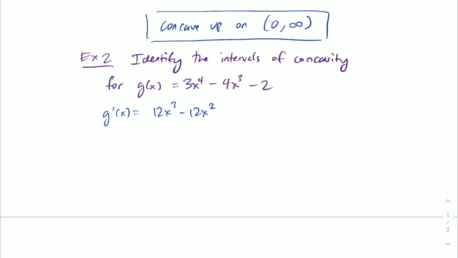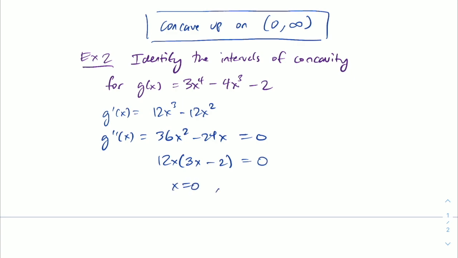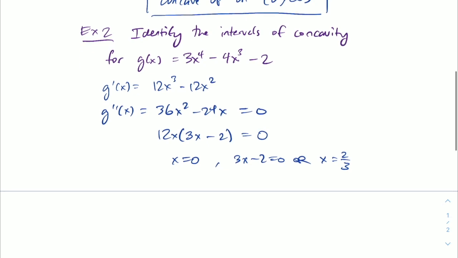Then the second derivative: 36x squared minus 24x. We want to figure out where this second derivative is 0. If I factor the GCD out of this, I'll get 12x times 3x minus 2. So this is 0 when x equals 0 and when 3x minus 2 equals 0, or x equals 2/3. Those are my zeros.